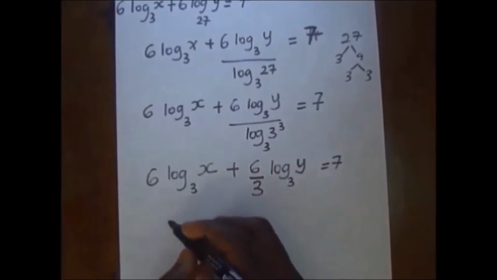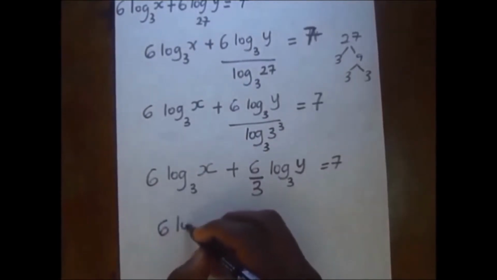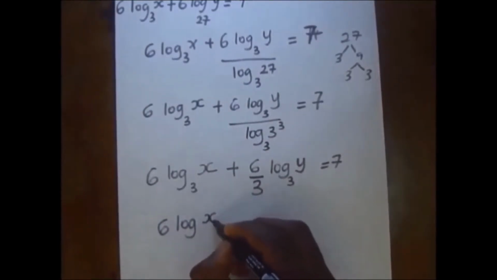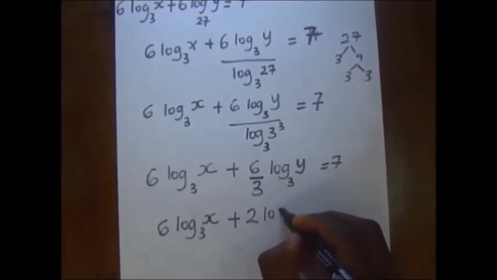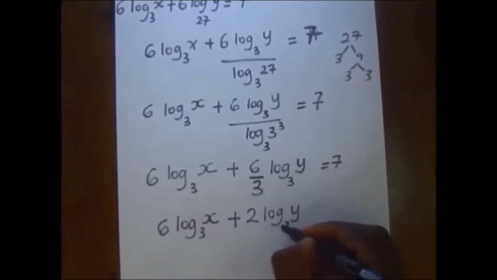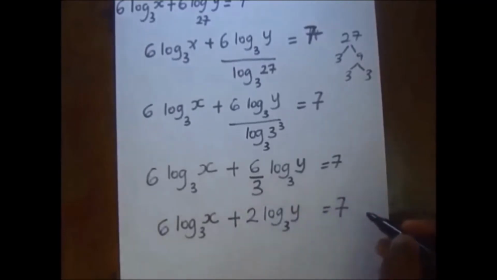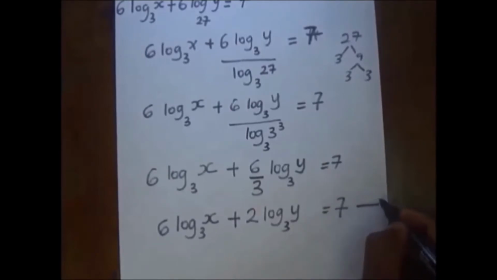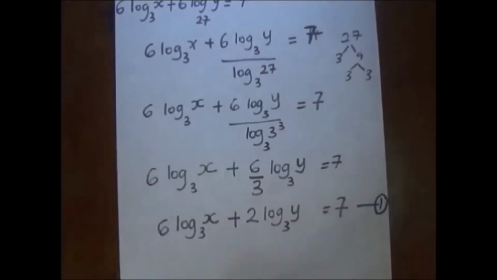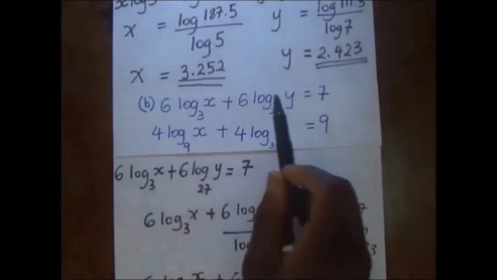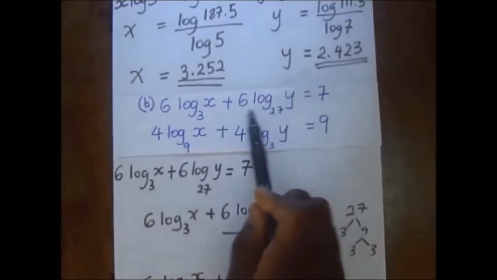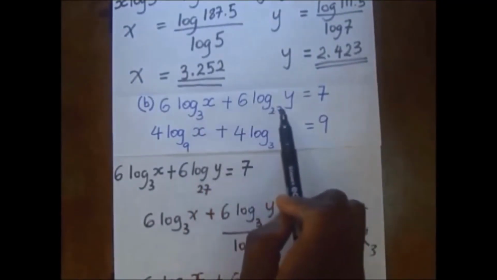And of course here our equation will become 6 times the log of x base 3 plus 2 log of y base 3 is equal to 7. So now we have simplified our equation. Let's call that our equation 1. We have manipulated this equation and made sure that all the terms with logarithms are to the base 3.